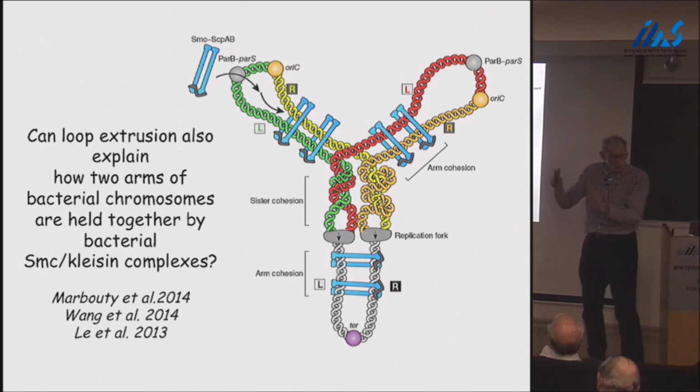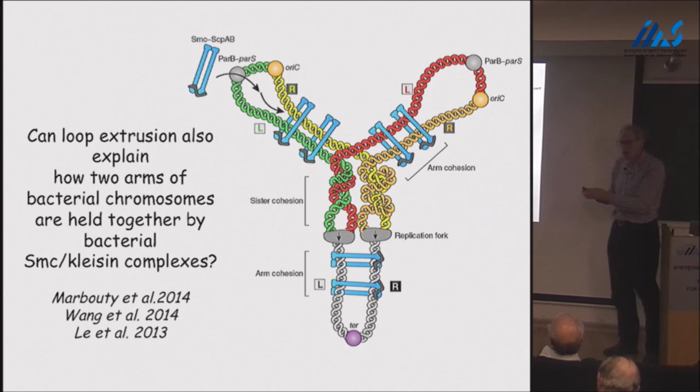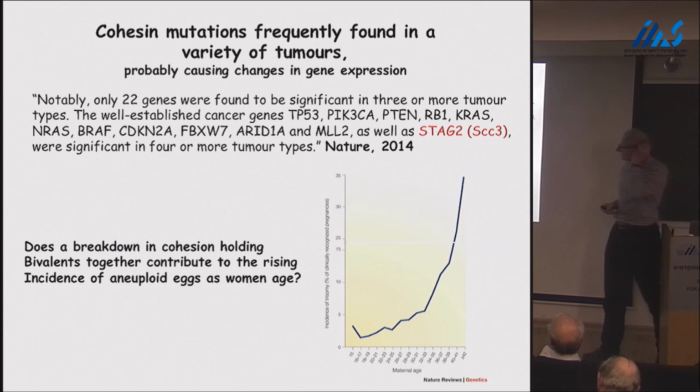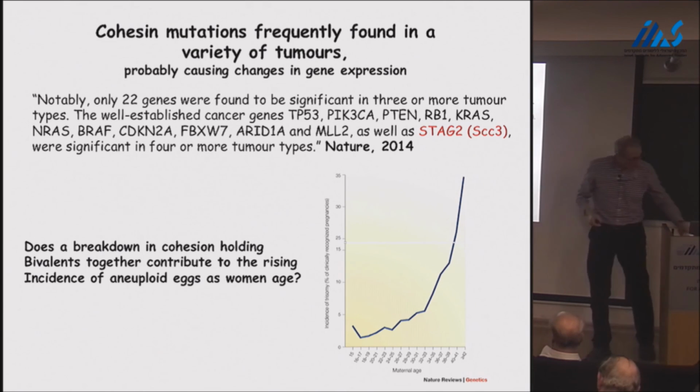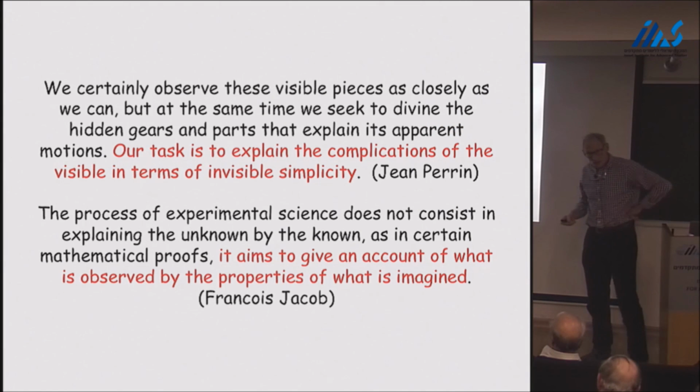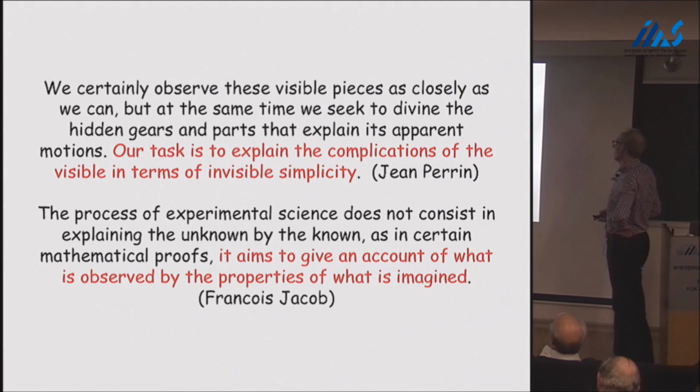As a consequence, you end up zipping together the two arms of each sister and thereby segregating them away from each other. Now, I don't need to say anything about that except that cohesion is very important in cancer.